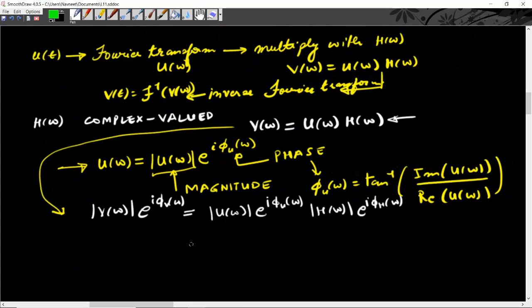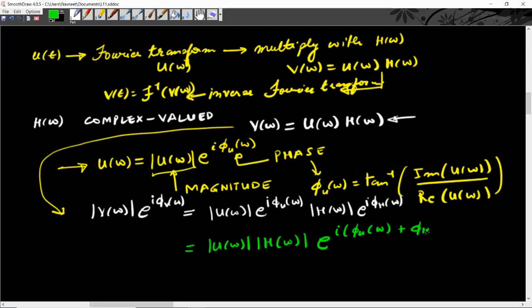And this can be written as the product of the magnitudes of U of omega and the magnitude of the transfer function times exponential of iota of the sum of the phases of U and H.